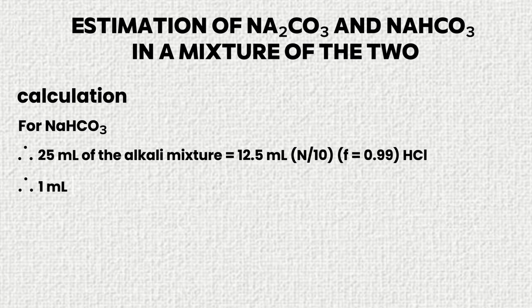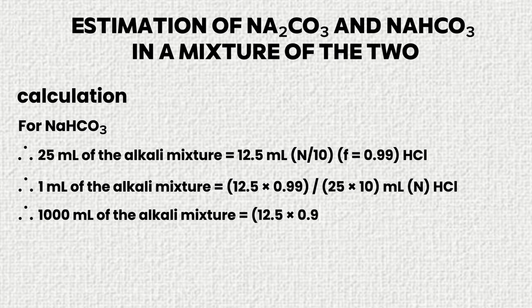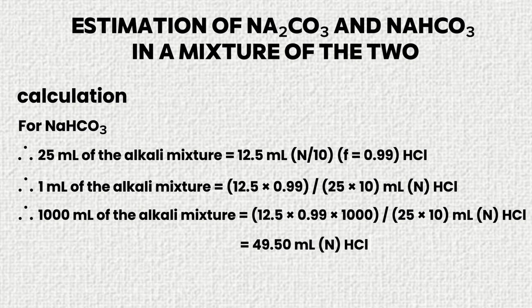Therefore, 1 milliliter of the alkali mixture equals 12.5 multiplied by 0.99 divided by 25 multiplied by 10 multiplied by 1000 milliliter normal HCl. 1000 milliliters of the alkali mixture equals 12.5 multiplied by 0.99 multiplied by 1000 divided by 25 multiplied by 10 milliliter normal HCl. It equals 49.50 milliliter normal HCl.